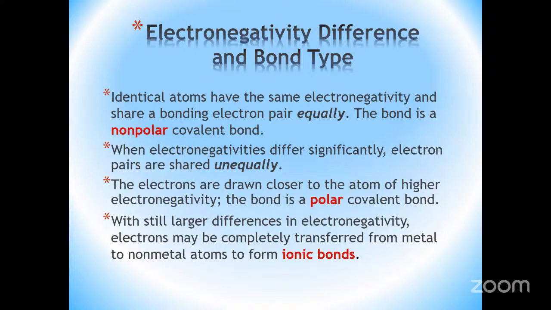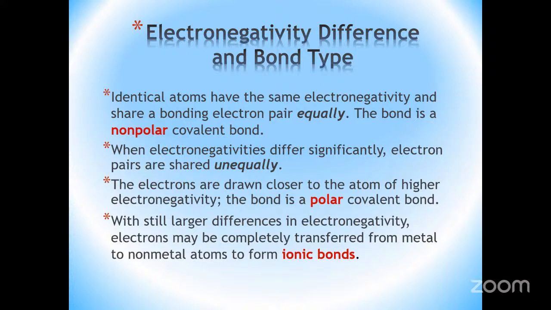Now, if the electronegativity values of two atoms differ significantly, so we're talking about different atoms, like hydrogen bonded to oxygen, or sulfur bonded to chlorine, in those situations where you have a significant difference in electronegativity, we say that that bond is a polar covalent bond.